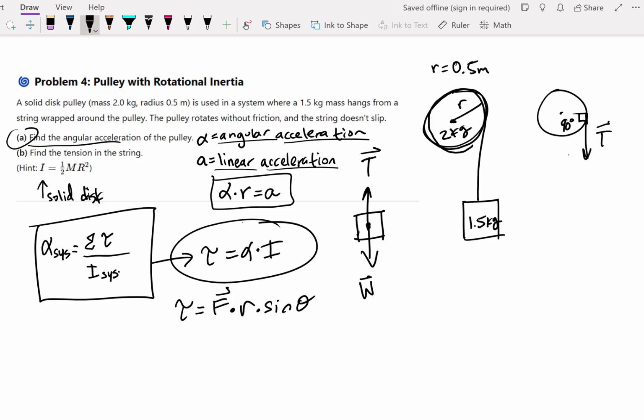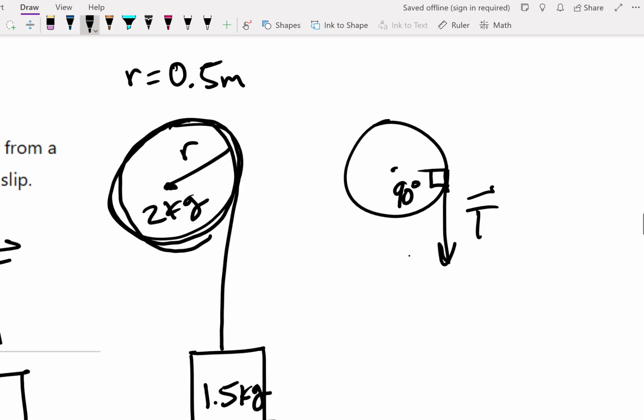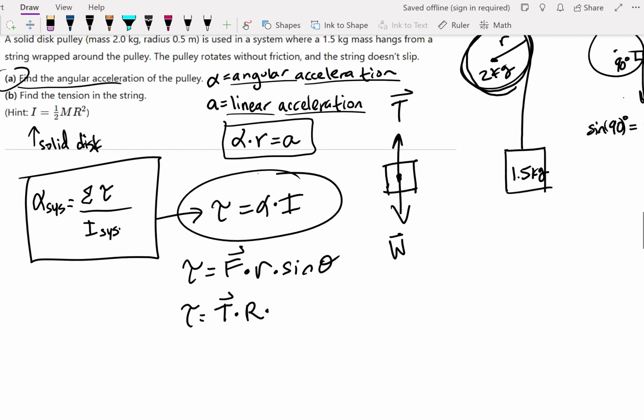If we're looking at the forces acting on the disc, we have the tension that's pulling downwards, so the force is the tension of the string times the radius of the disc times, if we look at the angle in which the torque is being applied, it's a 90-degree angle, and we know that sine of 90 degrees is equal to 1. So I'm just going to drop it from our equation.